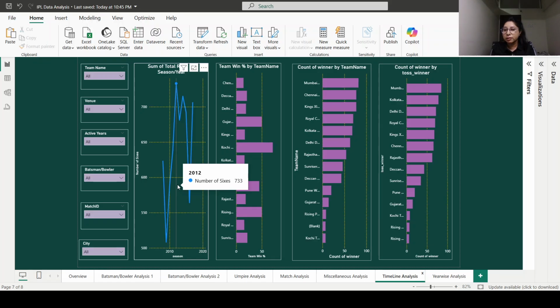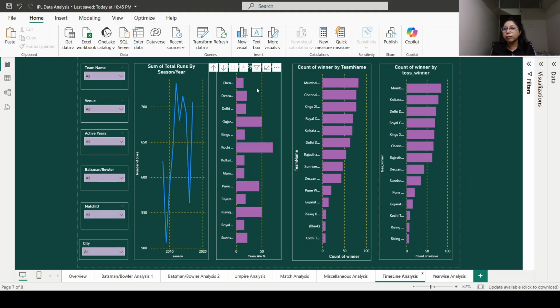It was the highest around 2012, and then again it went up in 2017. Then we have team win percentage, although Kochi Tuskers were there only for a particular year, so the data is skewed in that case.